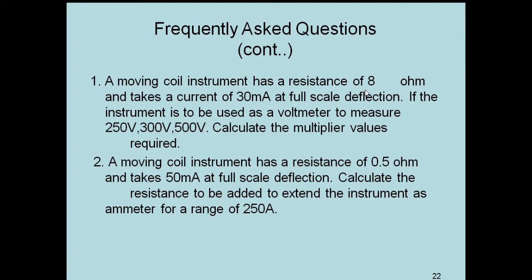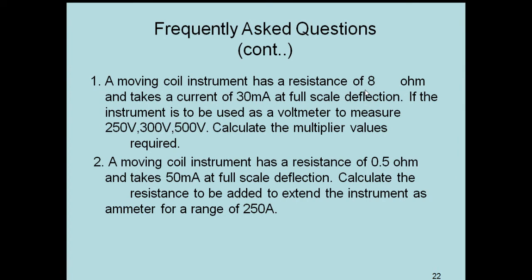Similar case: first case, if it is used for 250 volts, calculate Rse. Second case, if it is used for 300 volts, calculate Rse. If it is used for 500 volts, calculate Rse.